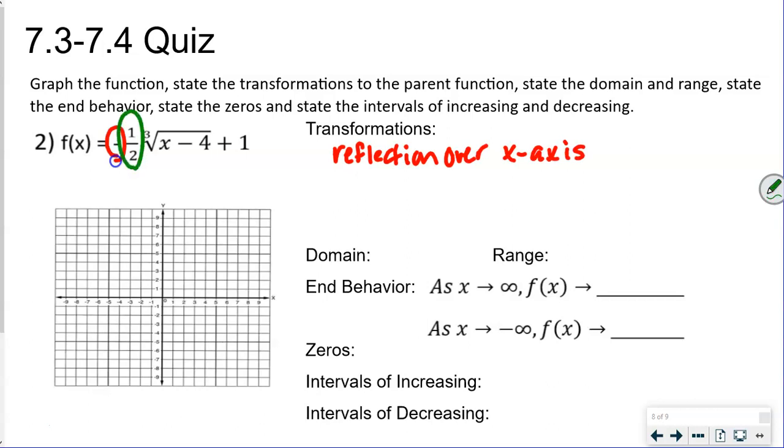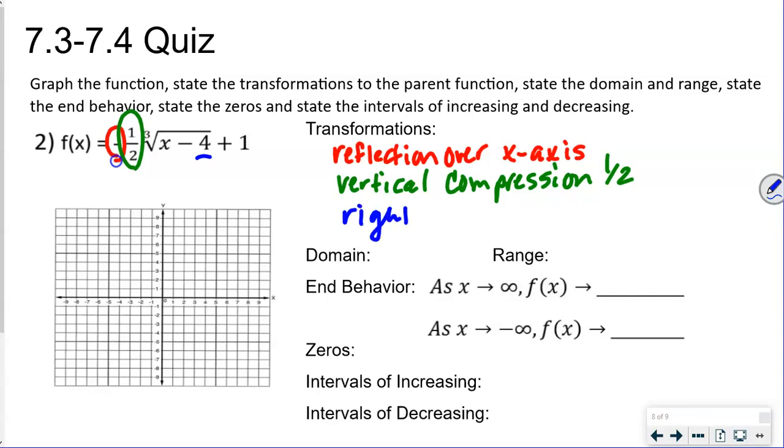That's A, so this is a vertical compression by 1/2. Okay, then we're going to talk about this number right here, and this is going to be right 4, and then this one is going to be up 1.